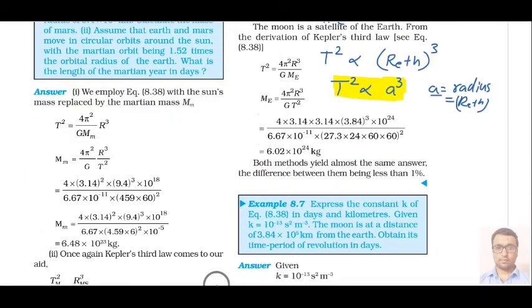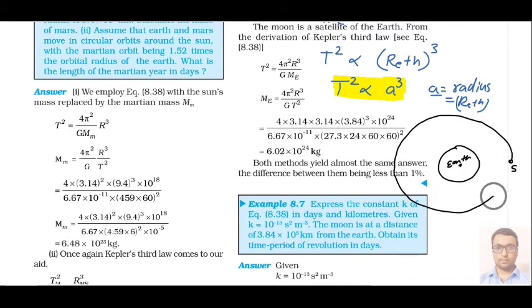Next, we will calculate the energy of the revolving satellite. Suppose your satellite, denoted by S, is revolving around the earth. Then this satellite will have some kinetic energy, and it will have some potential energy also. So what will be the kinetic energy of the revolving satellite? That will be equal to half of mv square.